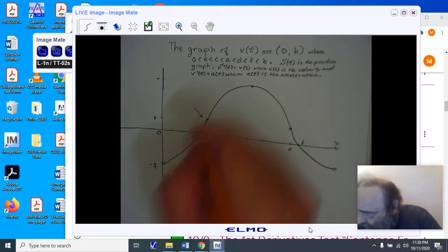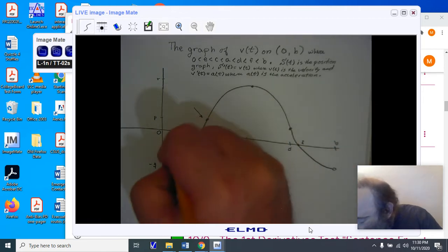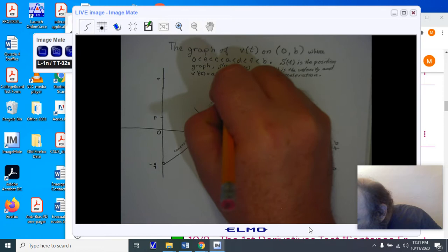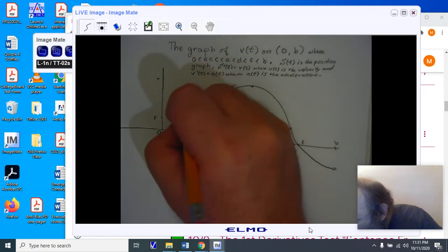So we're looking at a change from concave up to concave down, and this is what we refer to as a point of inflection.